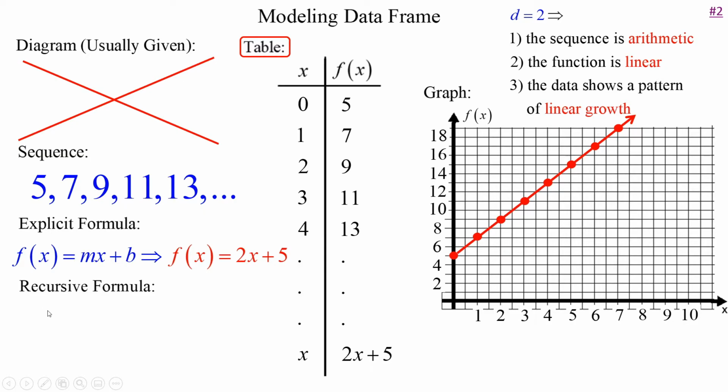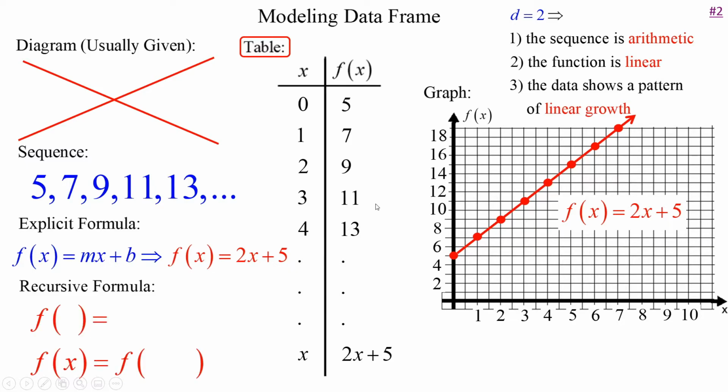Now our recursive formula. Oh, let me put the function on my graph. And now our recursive formula. So f of what number is what number? This is your initial term in function notation, which is just function notation of this first point right here. So when x equals 0, put a 0 right there. f of 0 is, and f of 0 is 5.